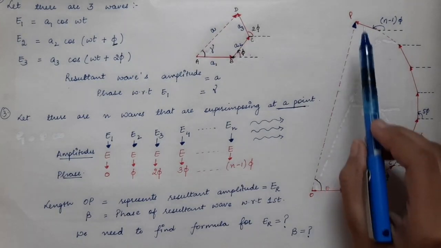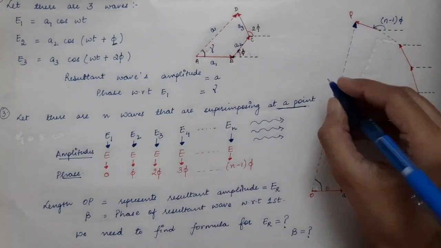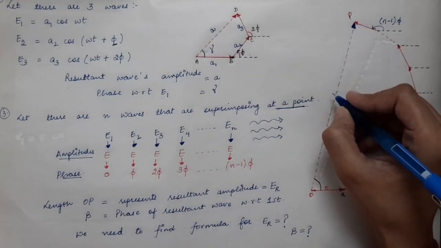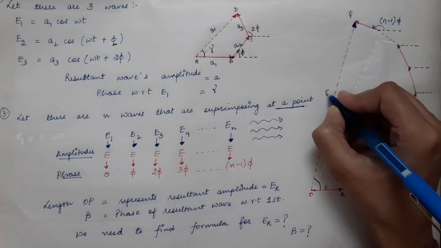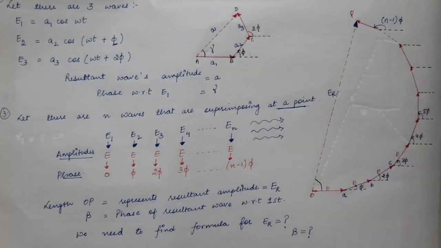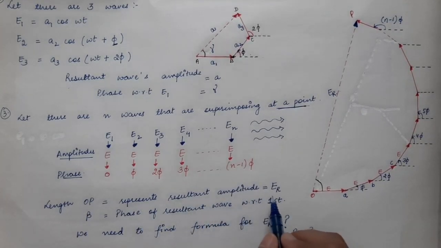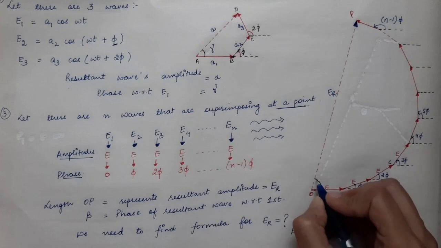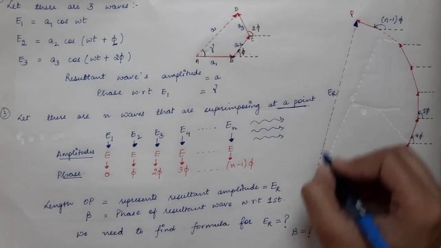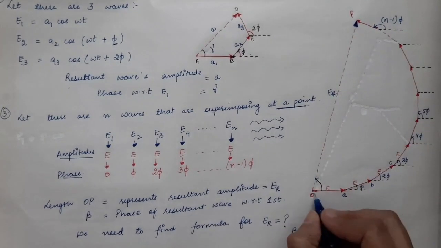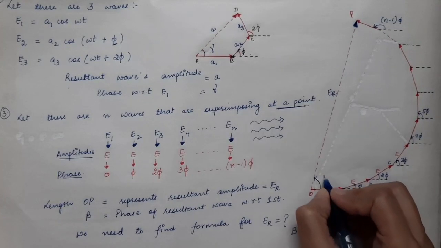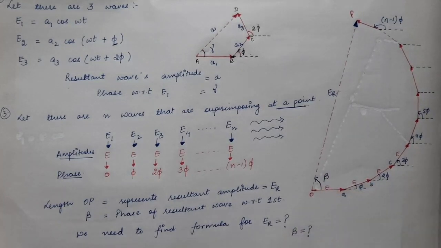The length of this vector OP gives us the amplitude of the resultant wave, and let's say that is ER. So OP represents the resultant amplitude, which we suppose is equal to ER. Let's say the angle this resultant vector OP makes with the horizontal is beta.